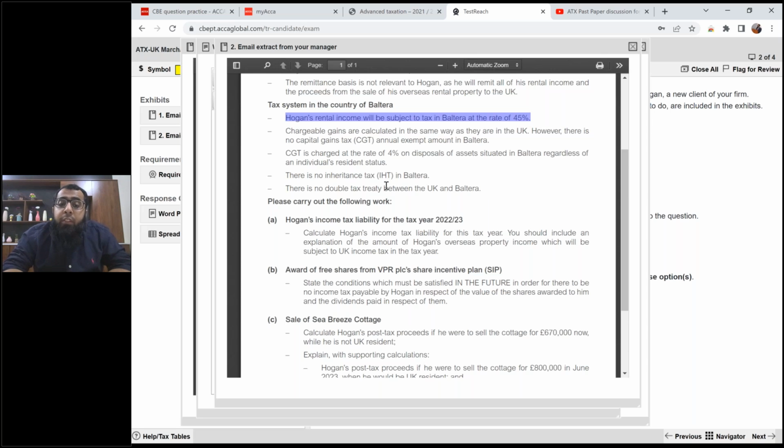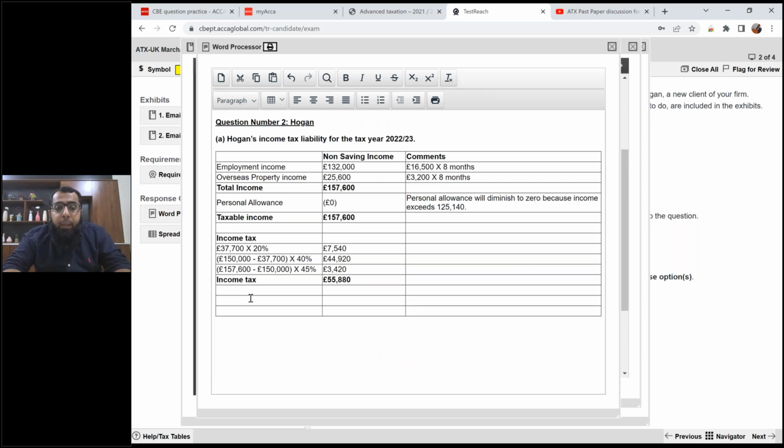Okay, and when there is no double tax treaty, we calculate the double tax relief at the lower of two things: UK tax and overseas tax. Now, Hogan's rental income will be subject to tax in Baltimore at the rate of 45%. Okay, so let's calculate the double tax relief.